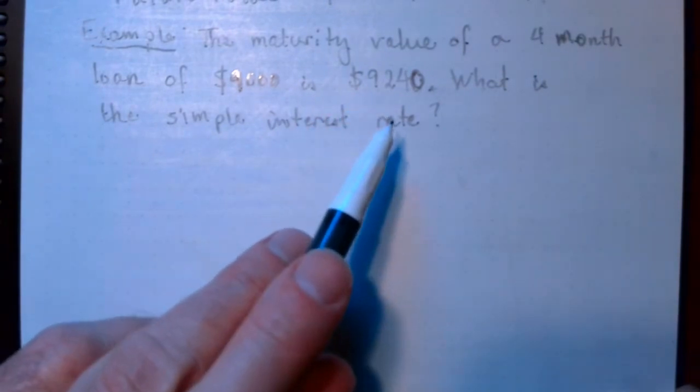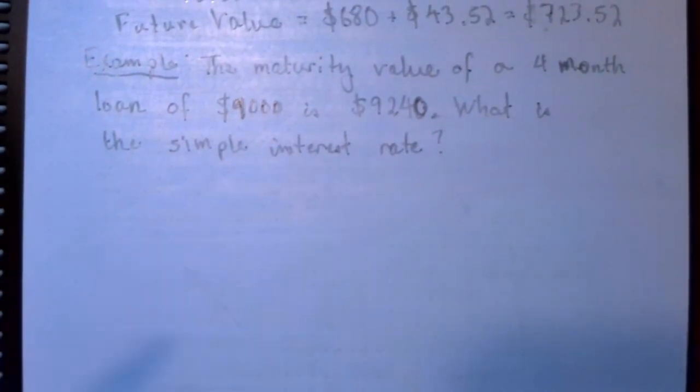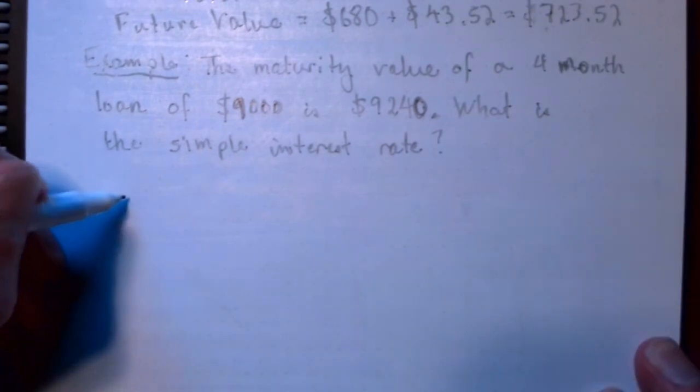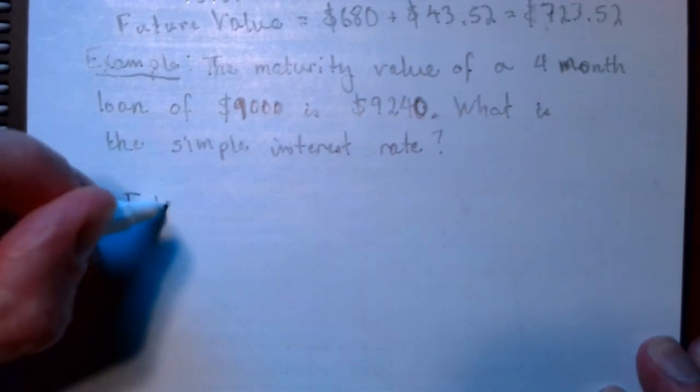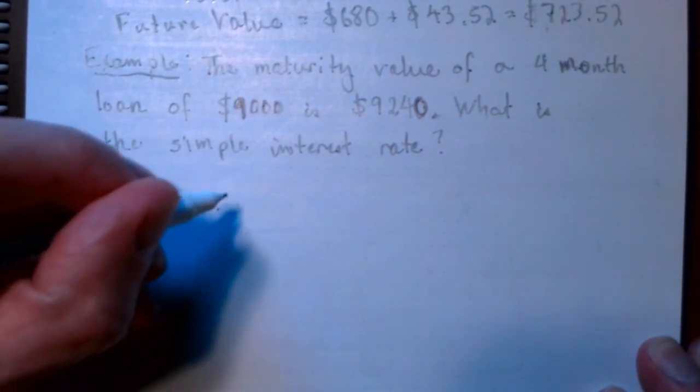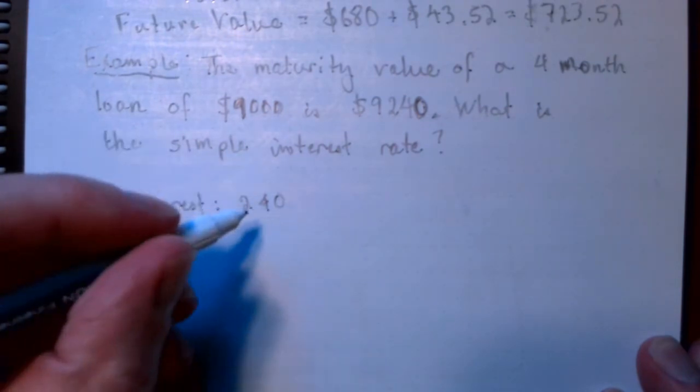We know we had to pay back $9,240. We want to know what the simple interest rate is. So the interest that we actually had to deal with was $240. That's important.